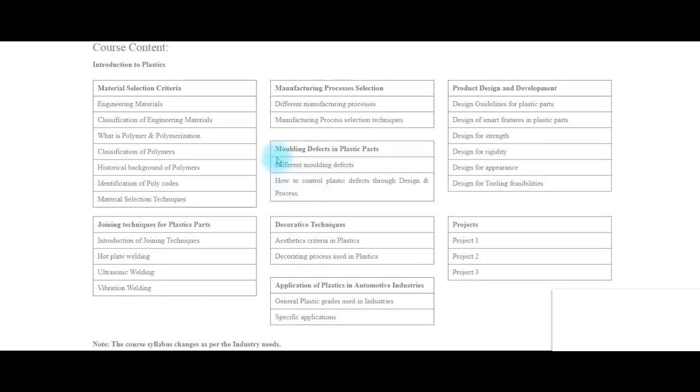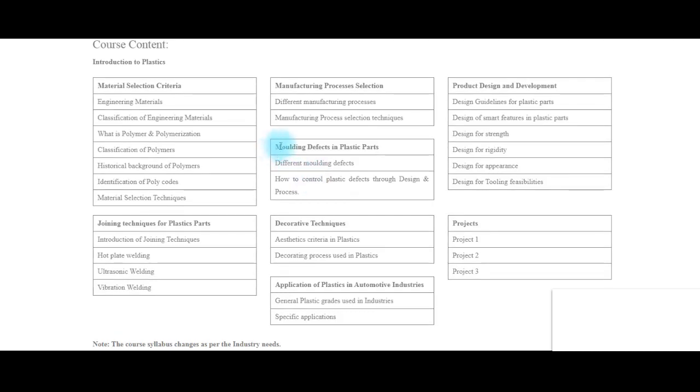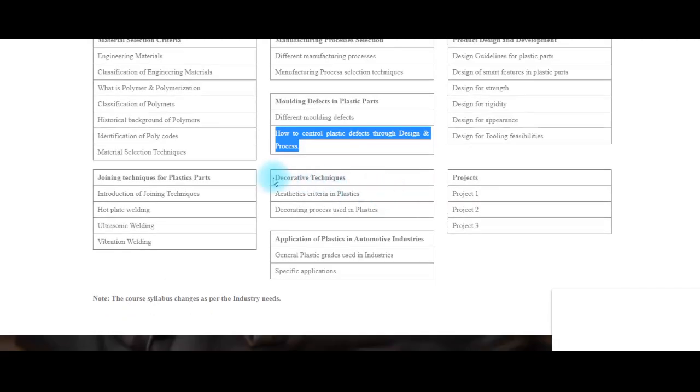Next is molding defects in plastic parts. Let us see molding defects in plastic parts. Different types of molding defects happen during the process of plastic, and how to control plastic part defects through design and processes.